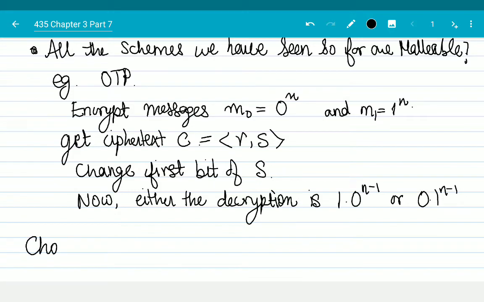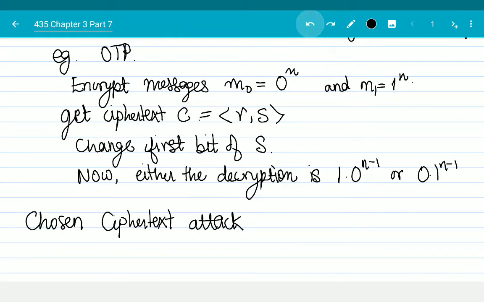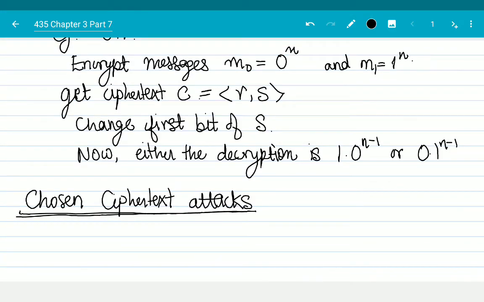So, what is the chosen ciphertext attack? The idea is I can change the ciphertext and then observe what the decryption is.